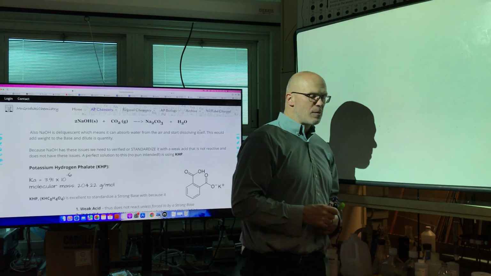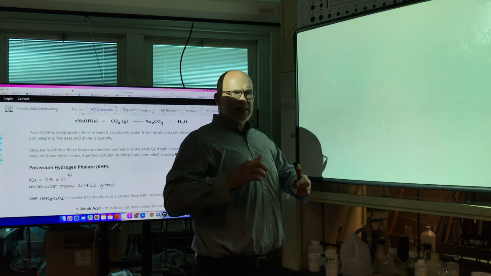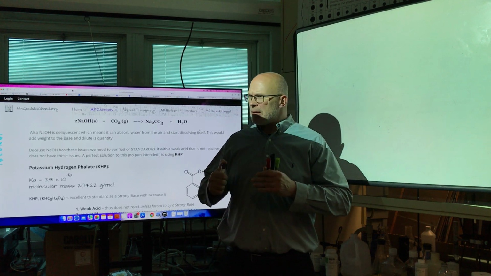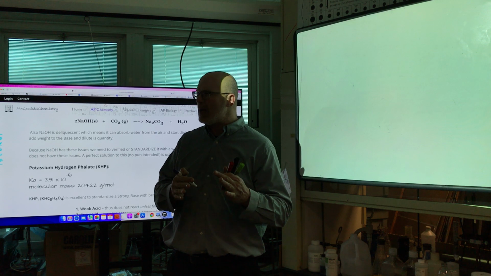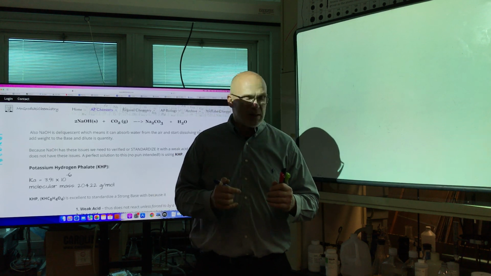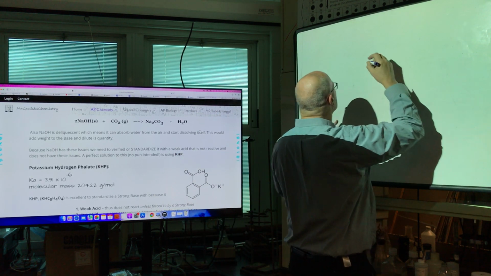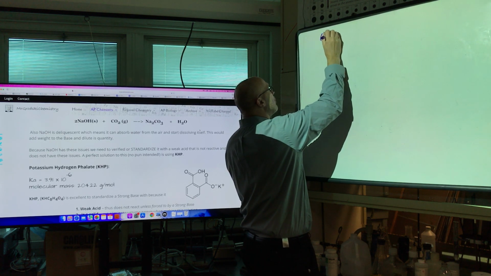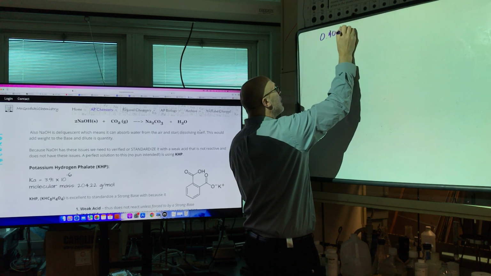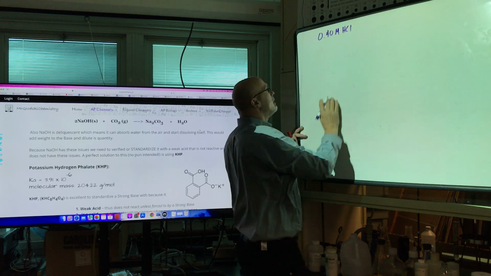All right, so from yesterday, based upon what we want to titrate and the target amount of calcium carbonate that is in the Tums tablet, we decided yesterday that we wanted to make 0.40 molar hydrochloric acid.